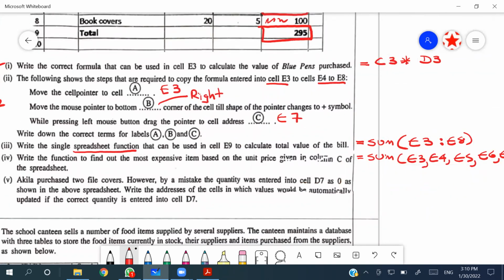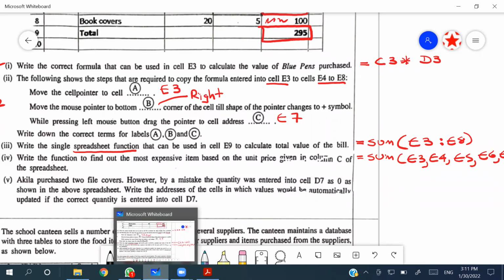And the fourth one, write the function to find out the most expensive item based on the unit price given in column C of the spreadsheet. Write the function. Yeah, they haven't asked about name of the function. So they just say write the function to find out the most expensive item.